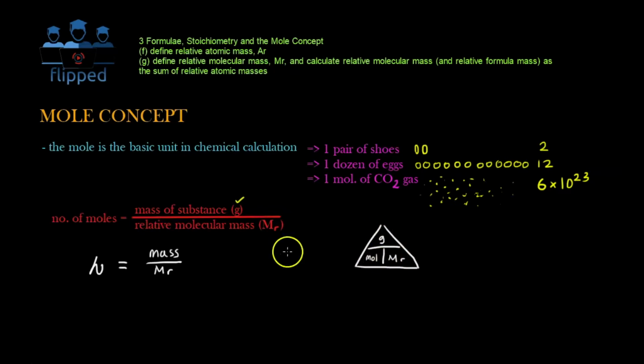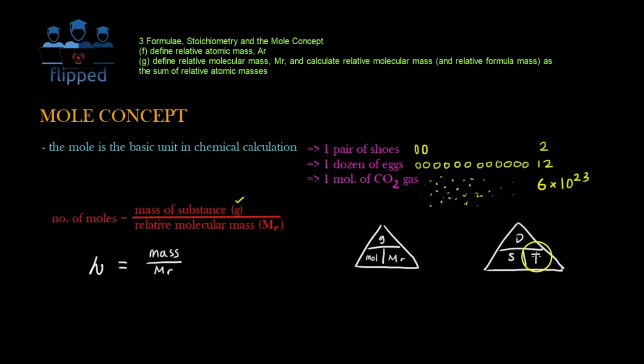If this sounds very familiar to you, it's because it's adapted from this formula you hopefully learned in primary school calculation. This is the DST triangle: D stands for distance, S stands for speed, T stands for time. If I want speed, I cover up speed and take distance divided by time.